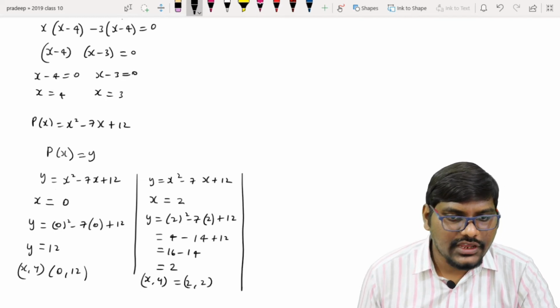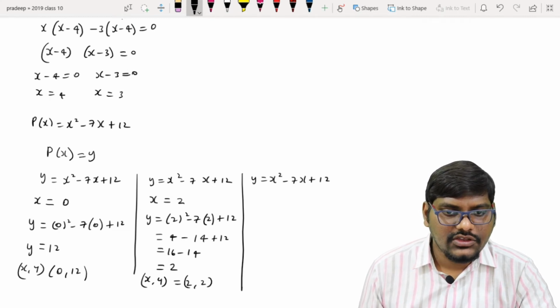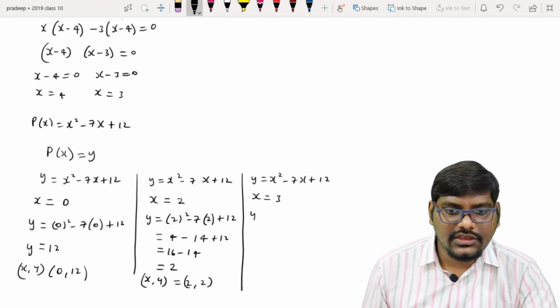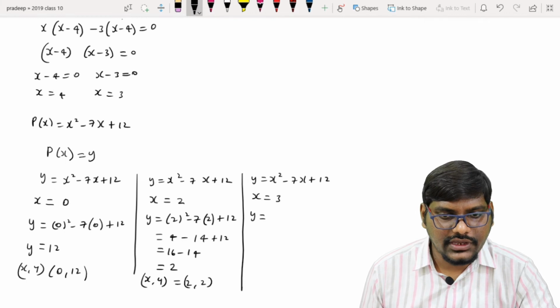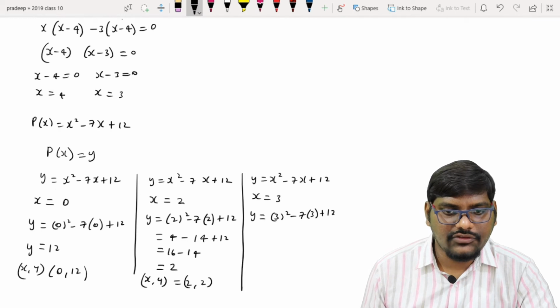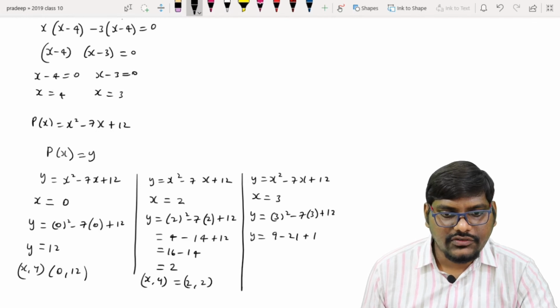Alright, so let's take one more point for the equation x squared minus 7x plus 12. I'll take x equal to 3 now. In the place of x I'm substituting 3, so y equals 3 squared, which is 9, minus 7 threes, which is 21, plus 12.